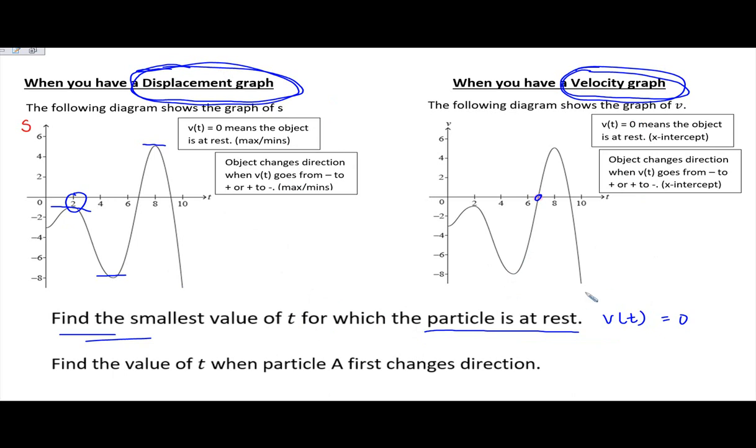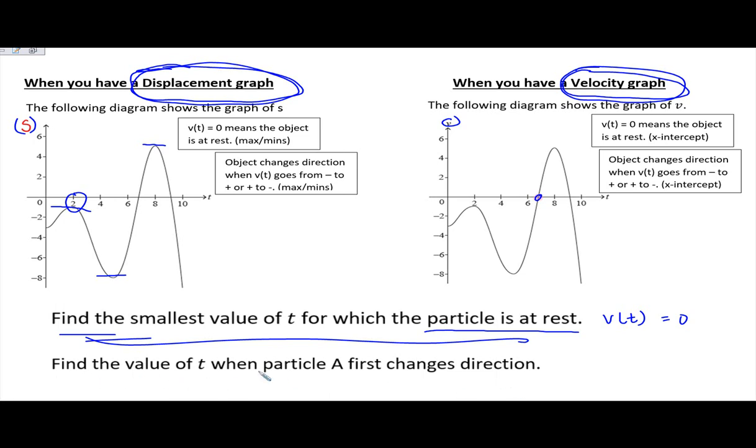You notice that same question is actually even the same graph. It's just that one represents displacement, one represents velocity. But for the graph on the left, to find this answer, I'm looking at the maximums and the minimums. For the graph on the right, to find this answer, I'm looking for the x-intercepts. Okay, let's take a look at this second question as well.